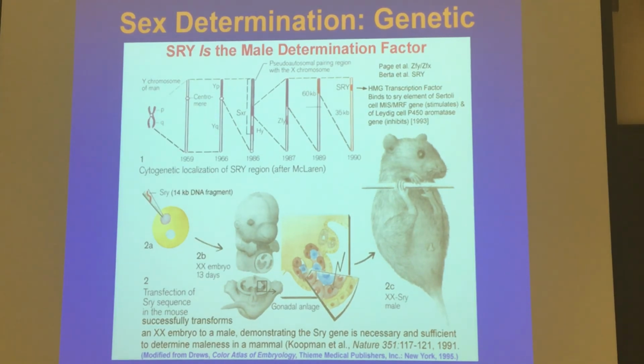And it wasn't until 1966 that they identified the fact that the determinant factor was situated on the short arm of the Y chromosome. And as time went along, people were trying to identify where this subregion actually was on this short arm. In '86, somebody got very excited in New York because they thought they had the answer in the presence of this HY antigen.